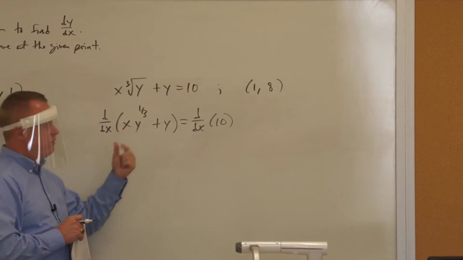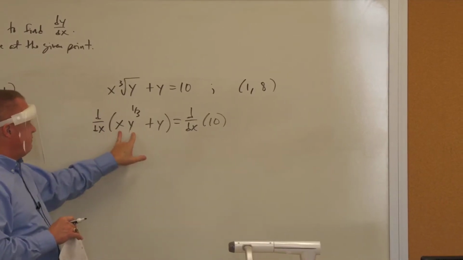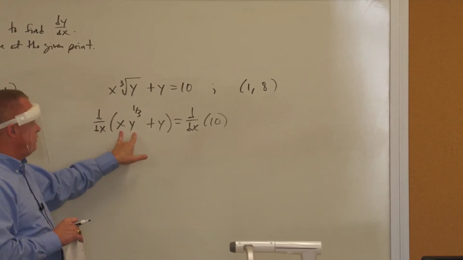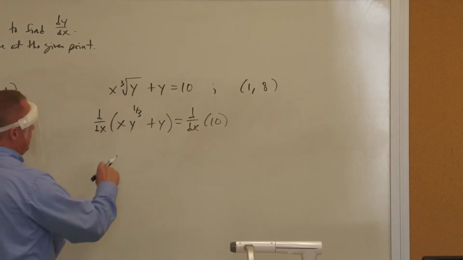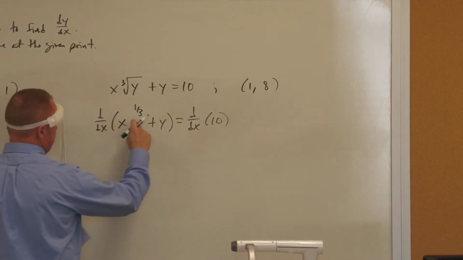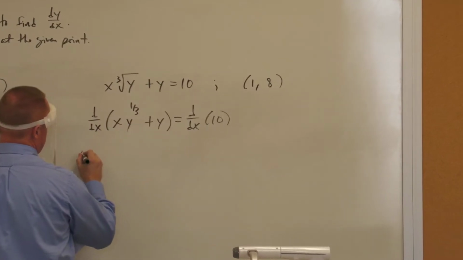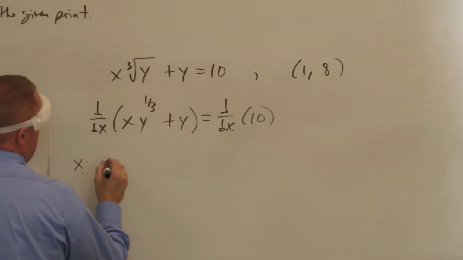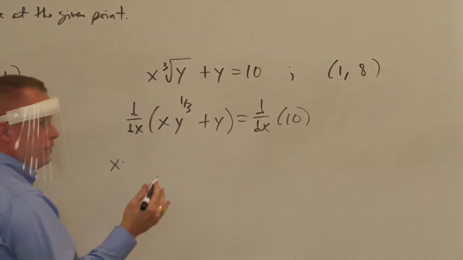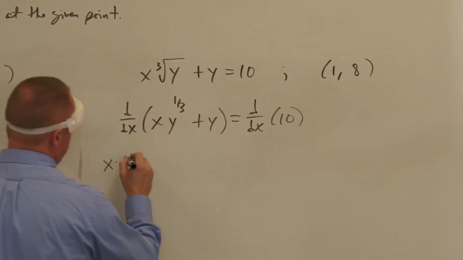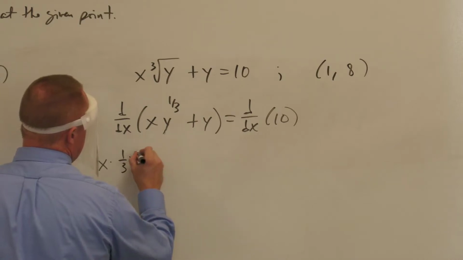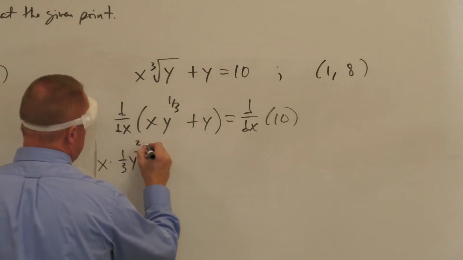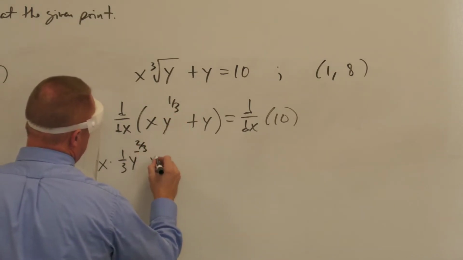Okay. So if I take that first one, x times y to the 1/3, and do the product rule, then I would have the first times the derivative of the second. So x times the derivative of y to the 1/3 would be 1/3 y to the negative 2/3 times y prime.